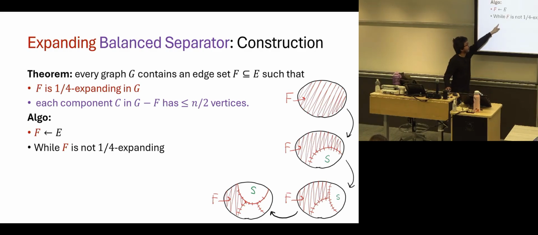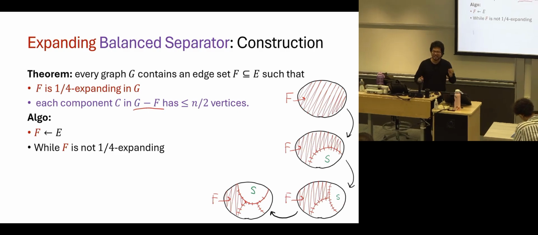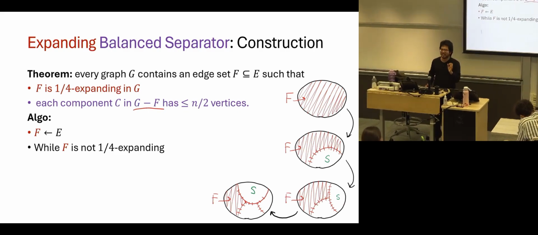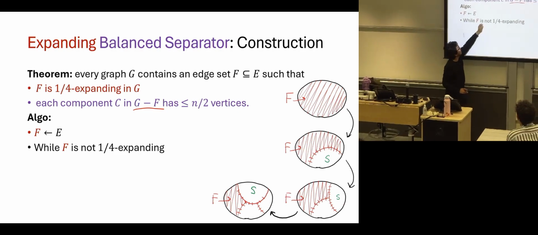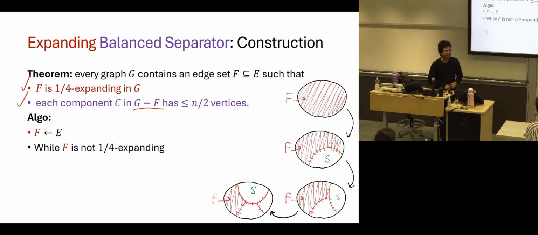If F is expanding, then we are done, because we can just return F. F is expanding, and what is the size of the components in G minus F at this point? 1, because F contains all edges. Suppose F is expanding, then this is true, and this is true as well. We good?